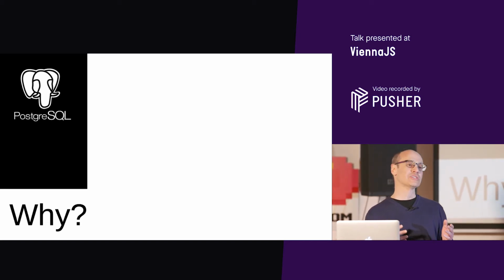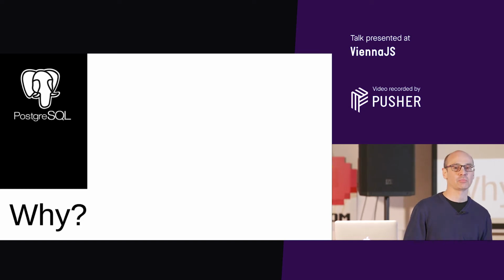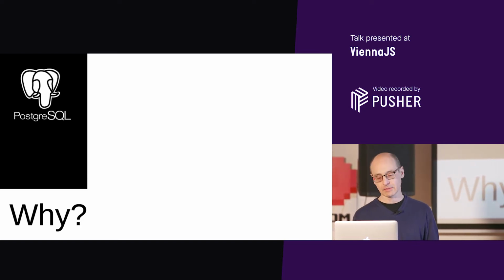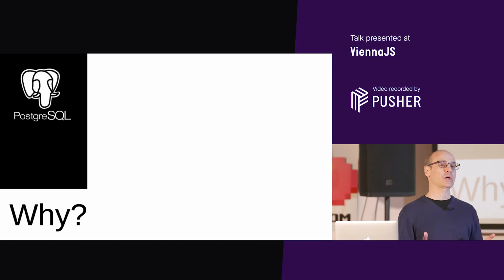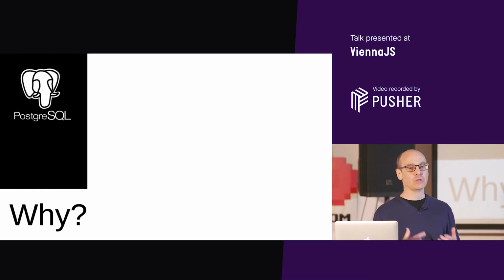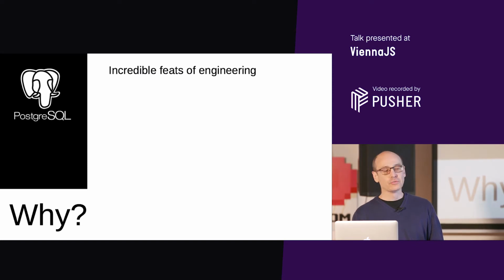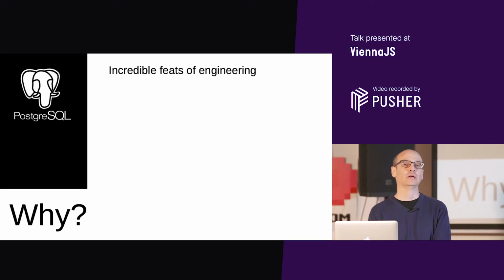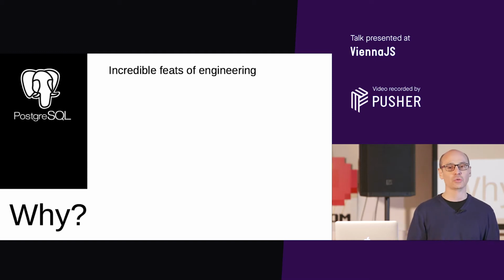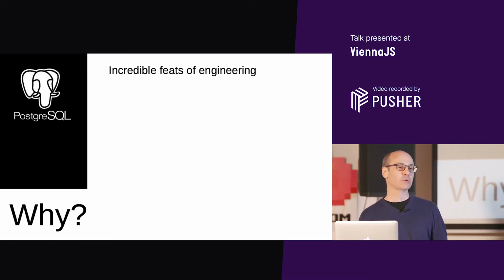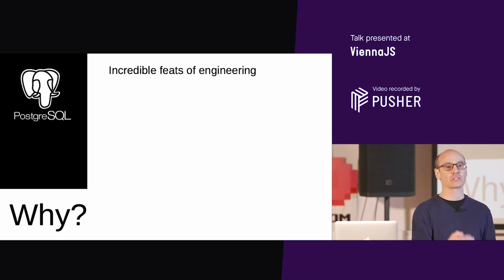Even though there is a place for ORMs and for NoSQL databases, for a lot of projects, a traditional SQL database, especially something like Postgres, is very powerful. First of all, Postgres is an incredible feat of engineering. Postgres is going to be 22 years old this year. They have been developing it for more than 30 years, and throughout the time, they have been improving it constantly.